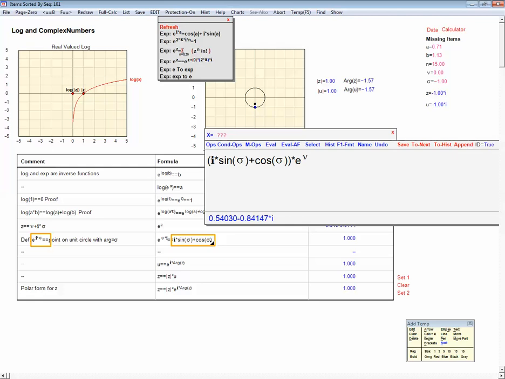Okay, so again, this is a definition. We don't have to prove that this is true. We're defining this to be true. But then what you have to prove is that if it's defined like that, then the familiar properties of exp carry over to complex numbers. In particular, exp of a plus b is equal to exp of a times exp of b.